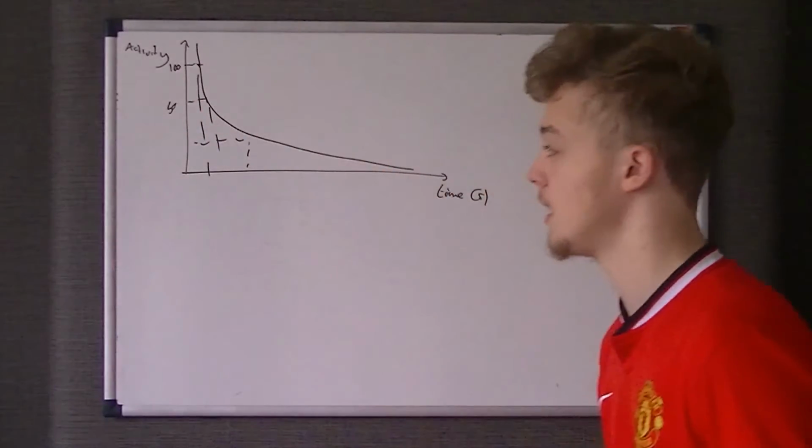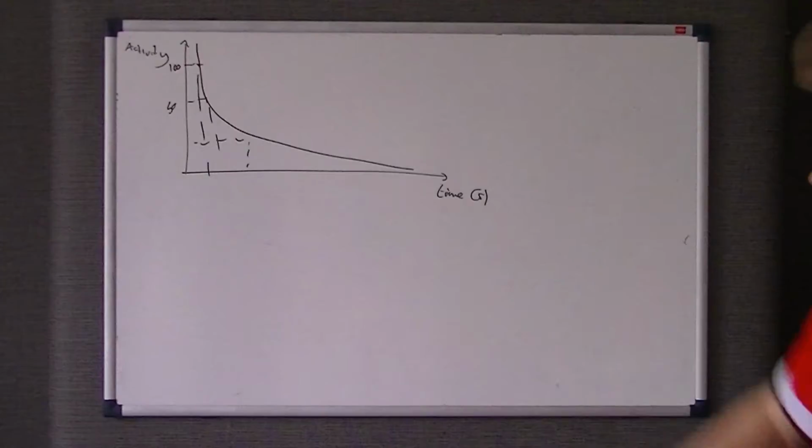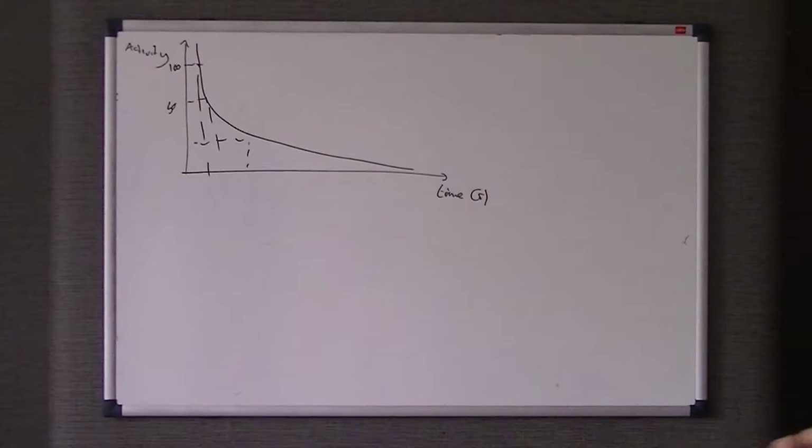That gives us this kind of curve, which shows us that it's some kind of exponential curve. That's really why it's exponential.